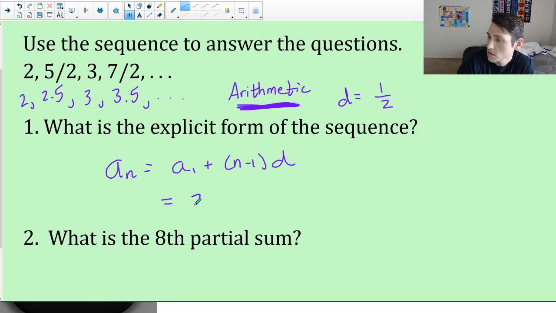So a1, the first term, is 2, plus n minus 1 times 1/2. I'll go ahead and simplify this. So 2 plus 1/2 n minus 1/2, if you just distribute that 1/2 to both of those.